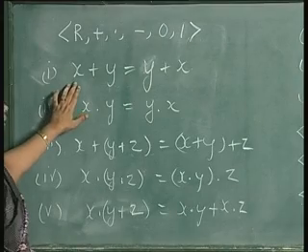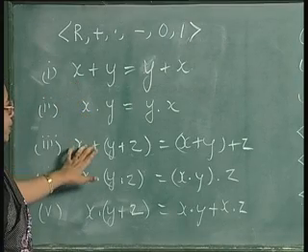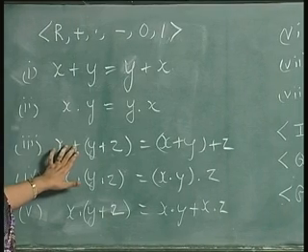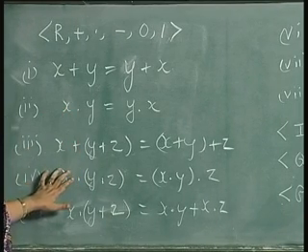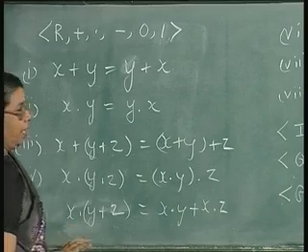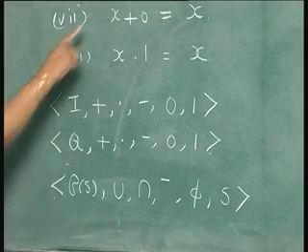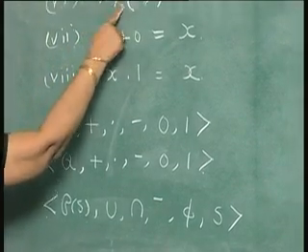With respect to union, commutativity and associativity you can prove. With respect to intersection also, commutativity and associativity you can prove. Distributive law also you can prove. But what about this?